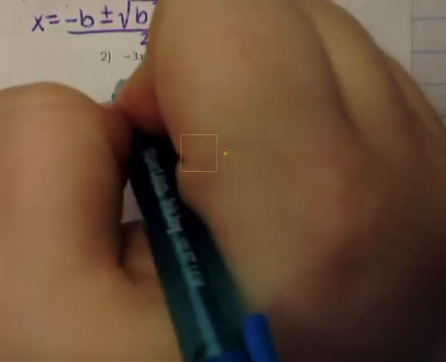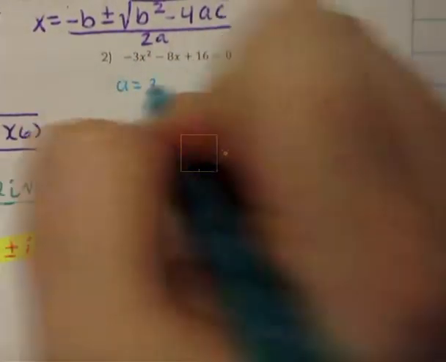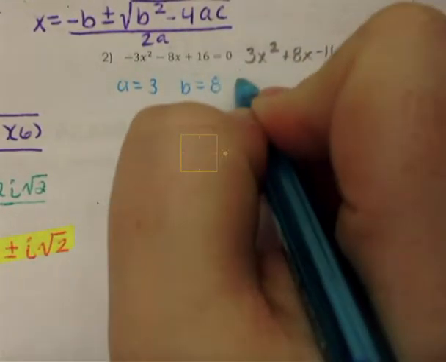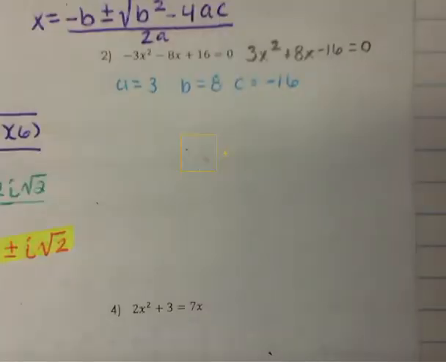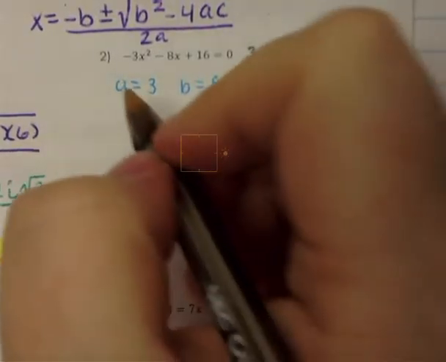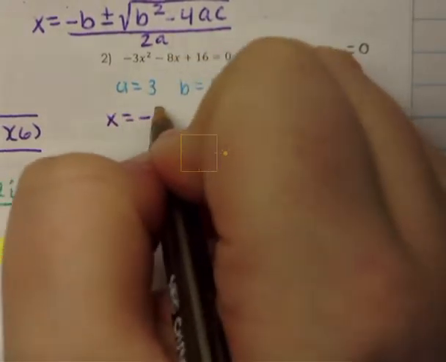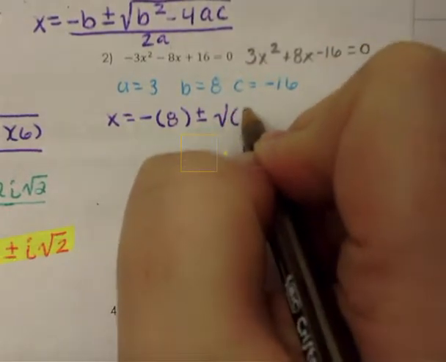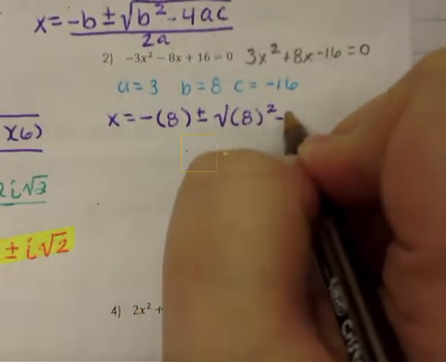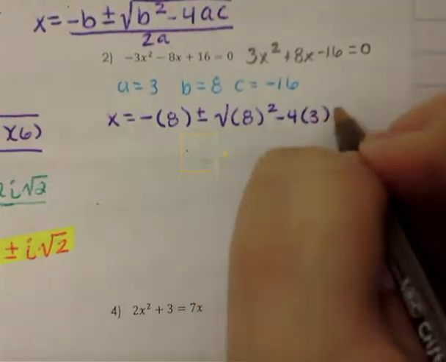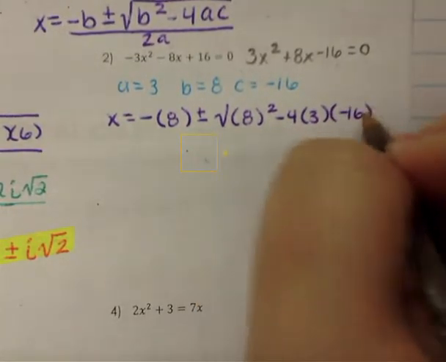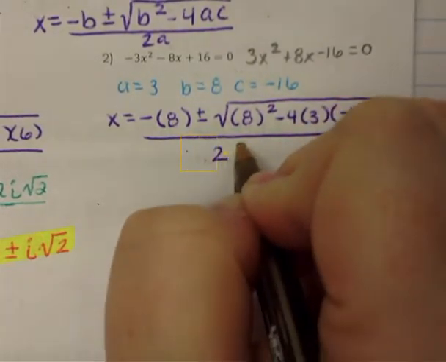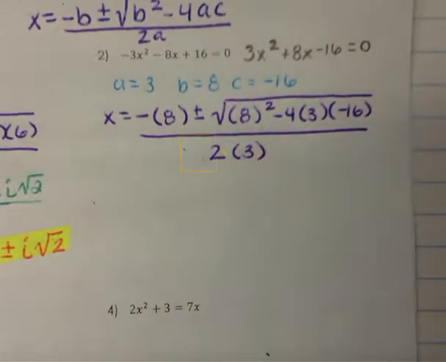So now we have a is equal to a positive 3, b is equal to a positive 8, and c is equal to a negative 16. Plug it into our quadratic formula. x is equal to negative parentheses 8, close parentheses, plus or minus the square root of parentheses 8, parentheses squared, minus 4 parentheses 3 parentheses, parentheses negative 16, close parentheses, all of this over 2 parentheses 3, close parentheses.